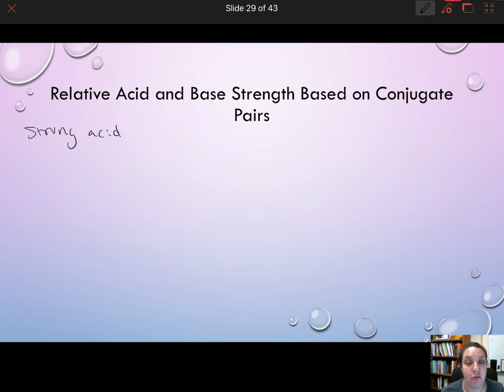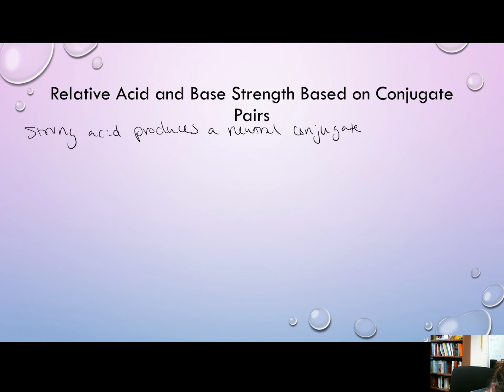It is going to be so weak we consider it a neutral conjugate. So it would be what we call a neutral anion. That anion will not pick up a proton to reproduce the acid.